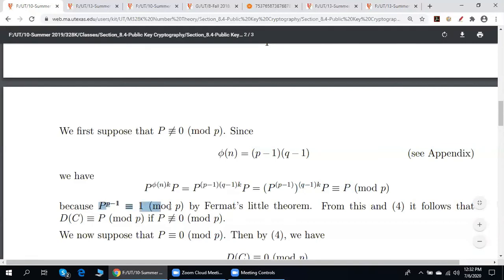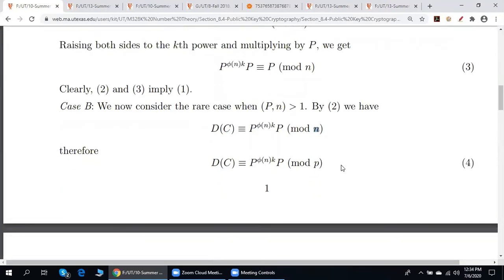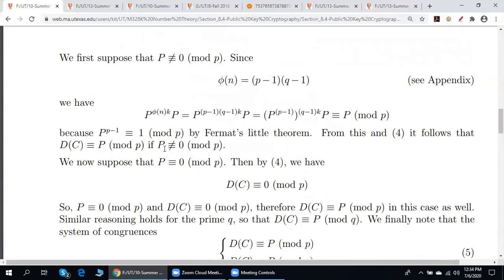So, in short, this implies this. Therefore, the left-hand side is indeed congruent to p modulo lowercase p. So, what we have right now is the following. D of c is congruent to p modulo lowercase p.